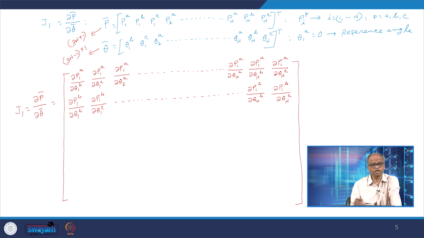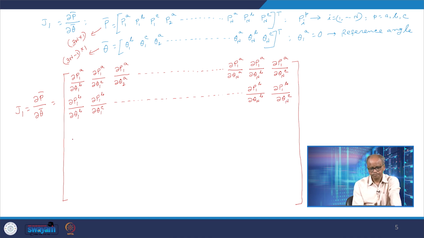So this is the second row. What would be the third row? The third row would be del P1C by del theta 1B, del P1C by del theta 1C, and then dot dot dot, del P1C by del theta NB, del P1C by del theta NC. That will be the third row.